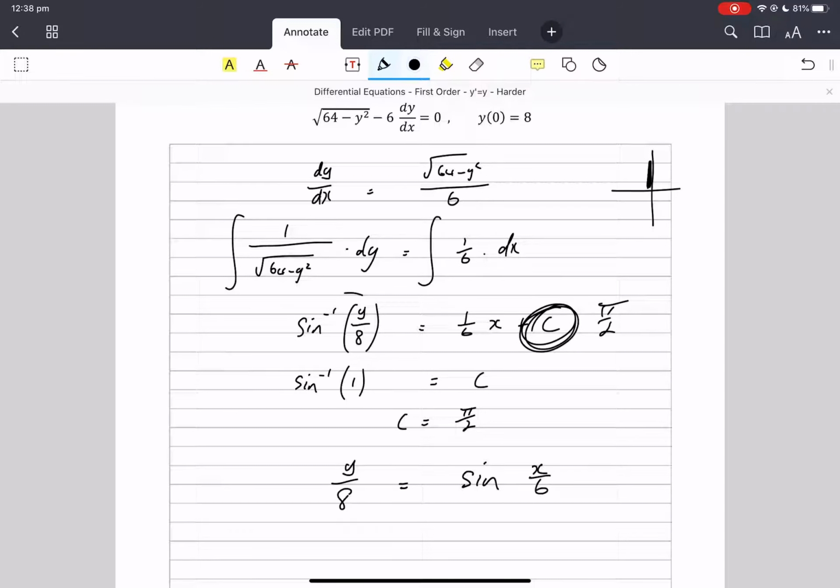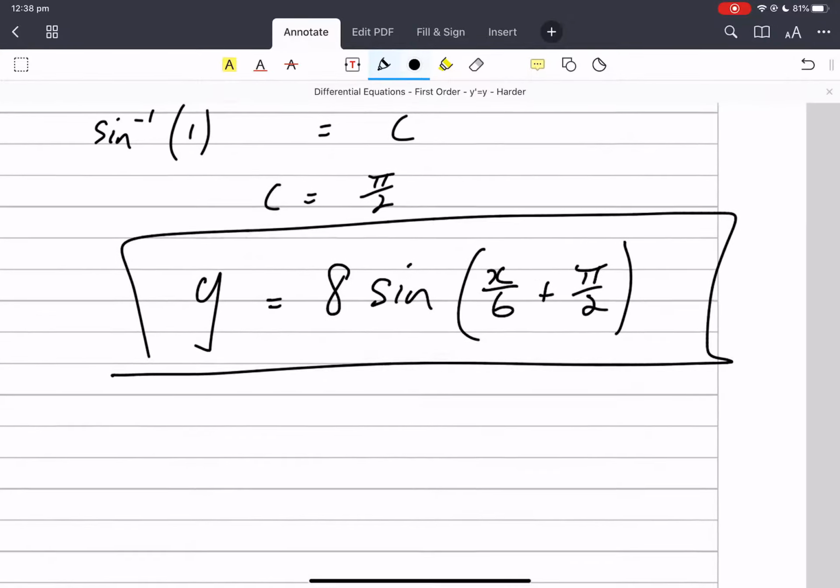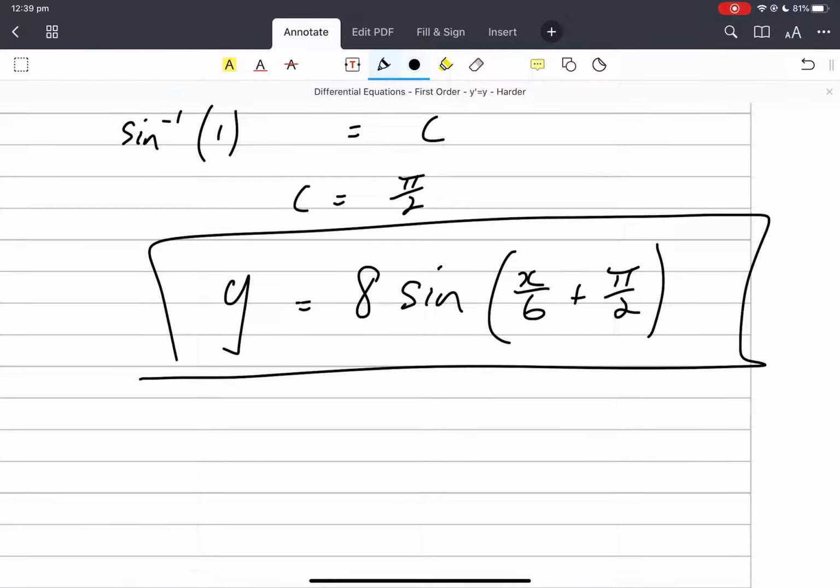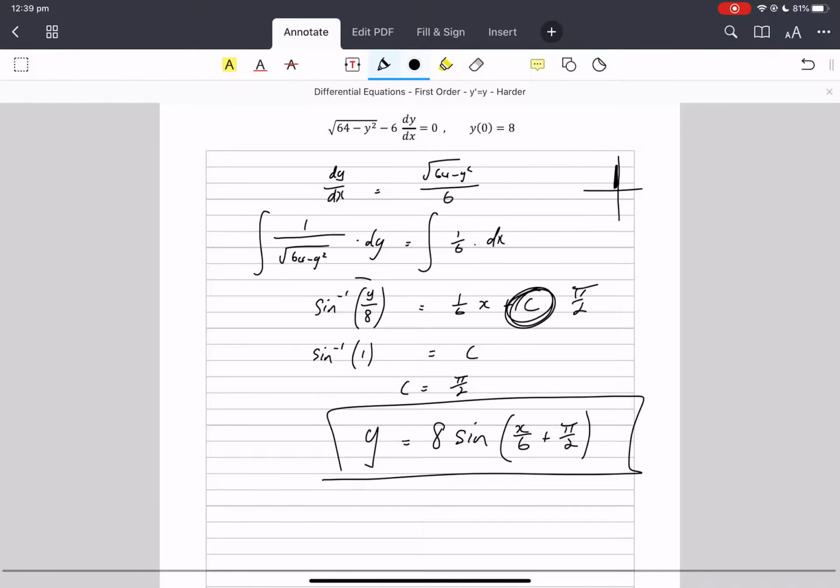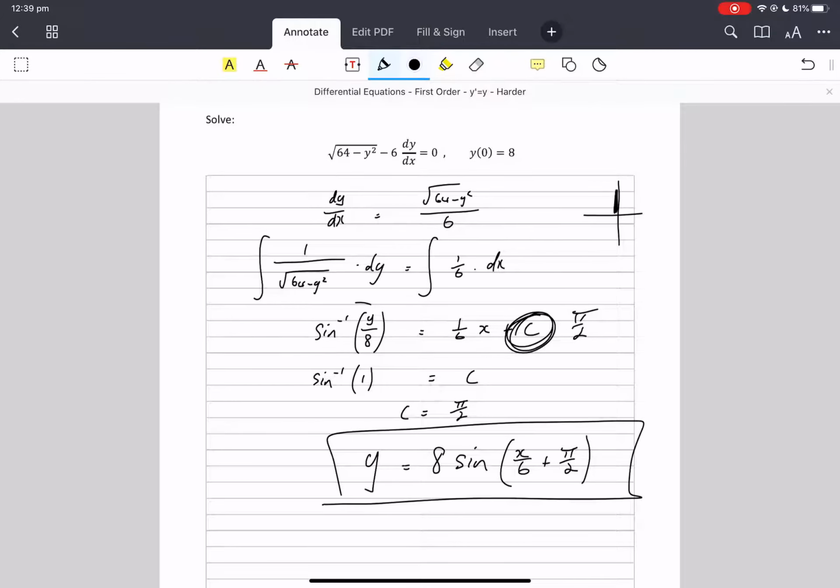X on 6 plus pi on 2. Let's move that 8 over there. And we're just going to get y equals 8 sine x on 6 plus pi on 2. That's going to get you most of the marks there, I think.